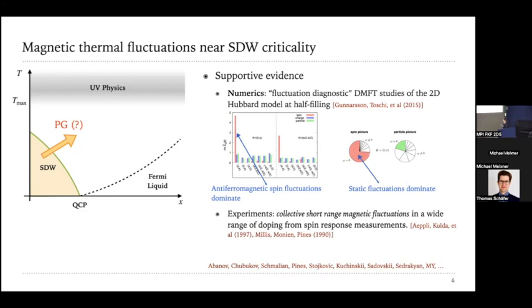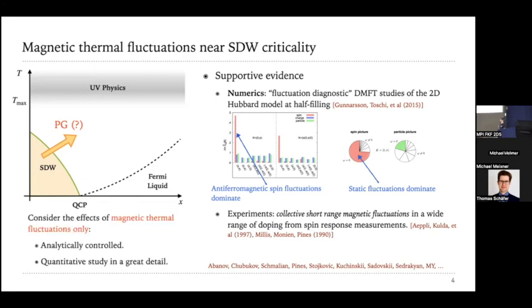So this gave us some confidence that the static thermal fluctuations might play a role in the Pseudogap behavior. Also, there have been experimental evidences from two decades ago showing that collective short-range magnetic fluctuations are indeed present in the phase diagram.